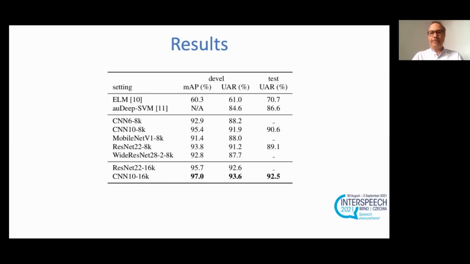And as we can see, using the original sample rate was the best option. So the 2 best models were the CNN10 and the ResNet 22 models. The other ones, which are smaller, did not perform so well.